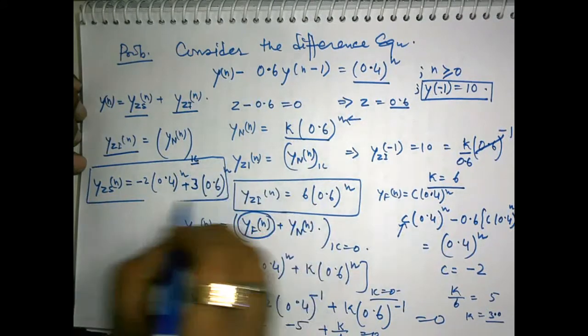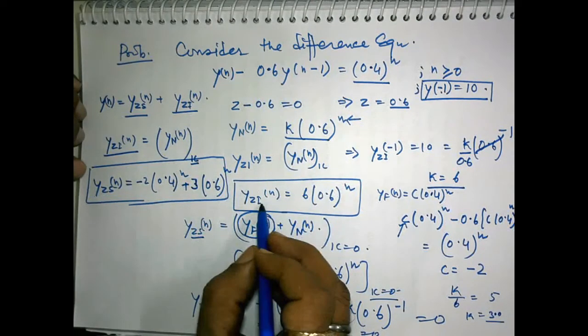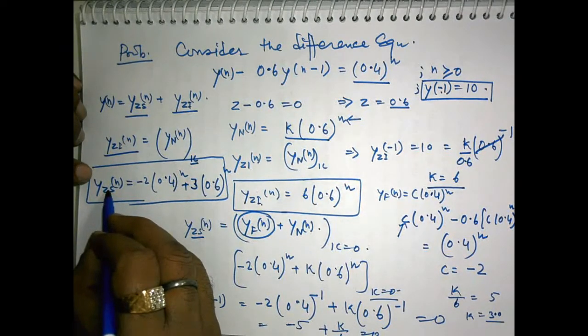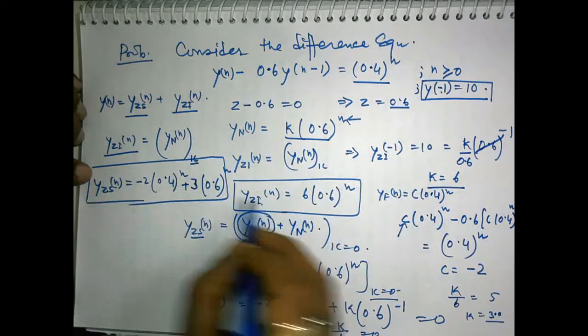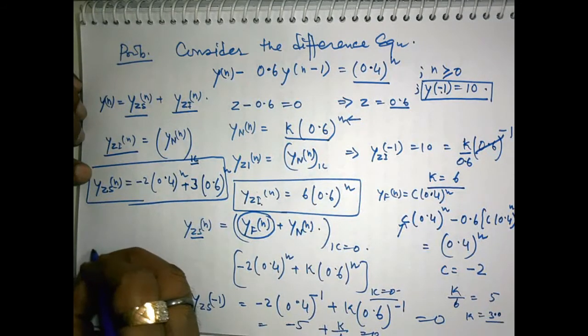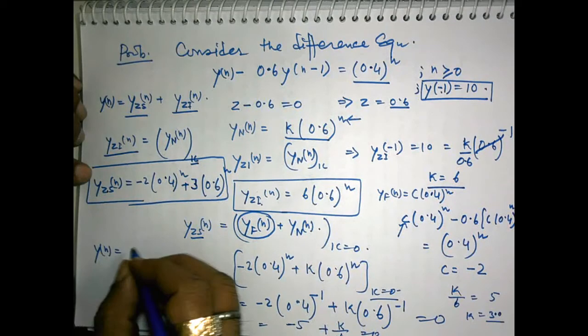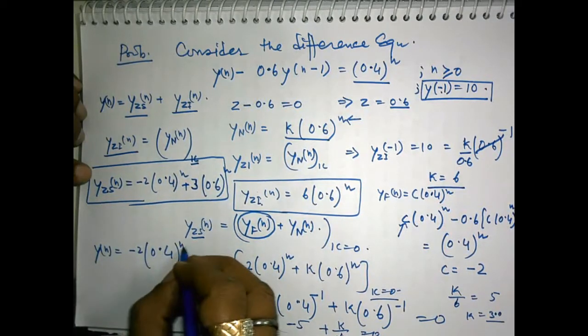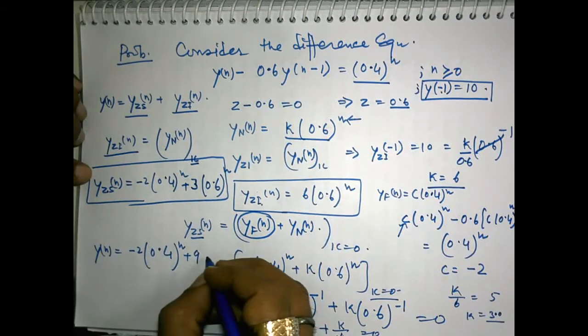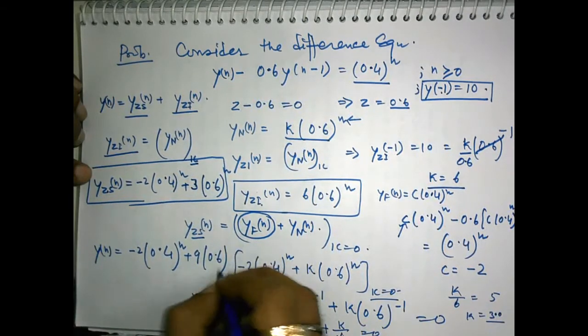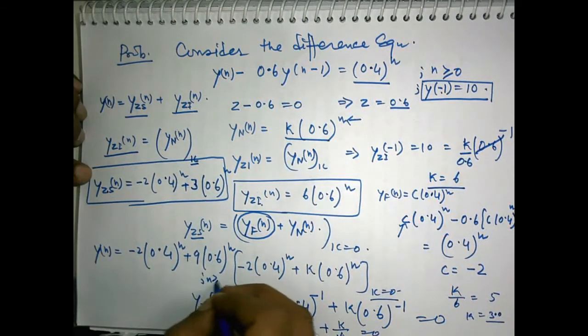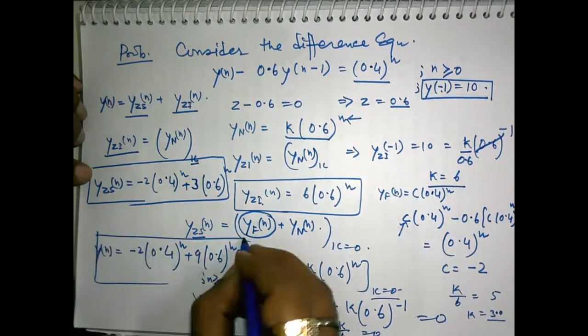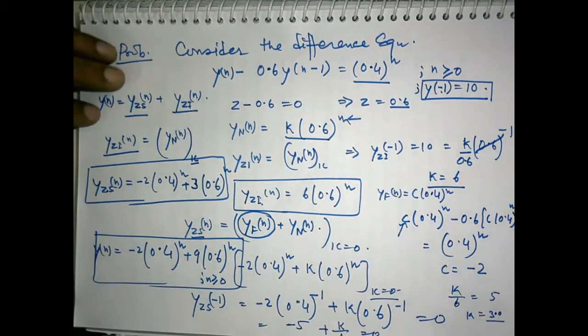And what is the total solution? Total solution is y_ZIN plus y_ZSN. So you will add these two things. So what is the total solution? y(n) is equal to minus 2 (0.4)^n plus 9 (0.6)^n for n greater or equal to 0. So the same total solution is obtained this way also.